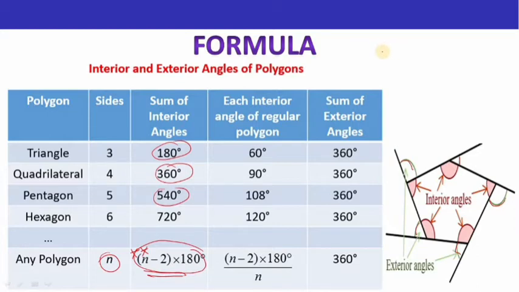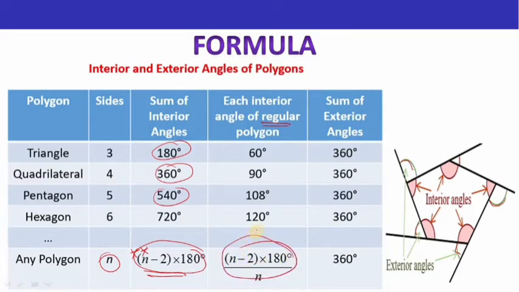But in the case of a regular polygon, all the sides are equal, so all the interior angles must be equal to each other. That's why 'regular polygon' is written out here for each interior angle, and here we don't have any 'regular' written. So if a regular polygon is given, and they ask you the value of each interior angle, then you have to make use of this formula.